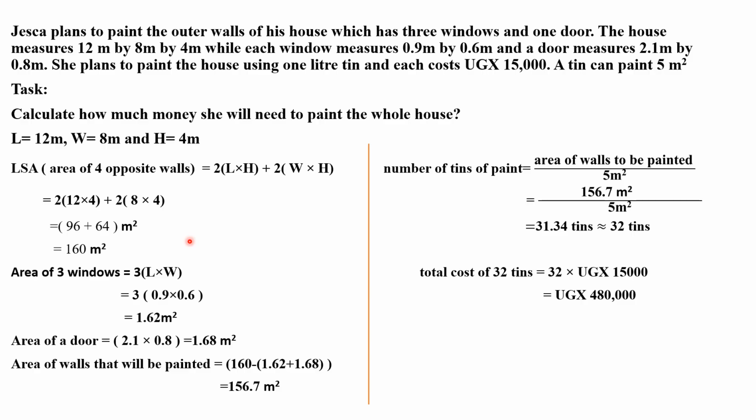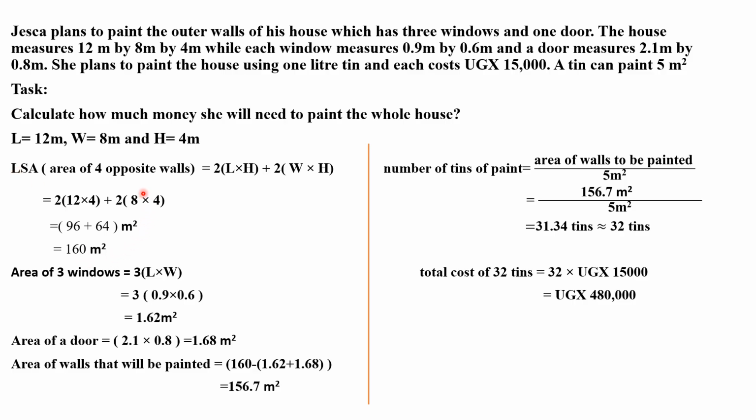And then we say that the area for the 4 opposite walls is what we call the lateral surface area. So as you see, LSA, that's what we call lateral surface area, the area of the 4 opposite walls.